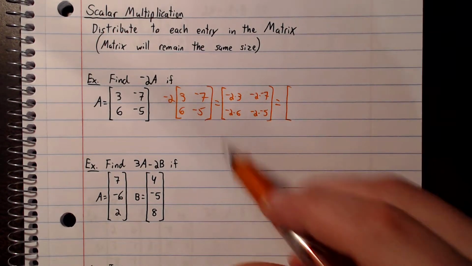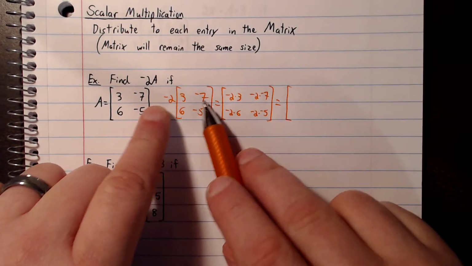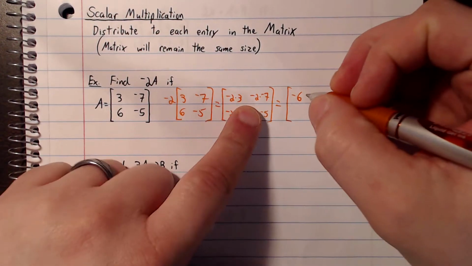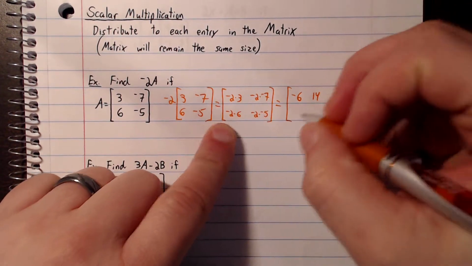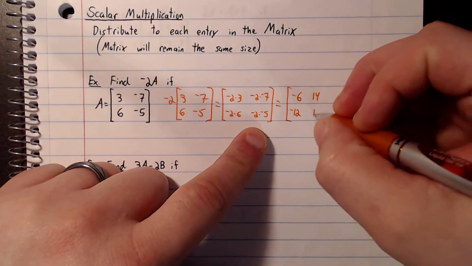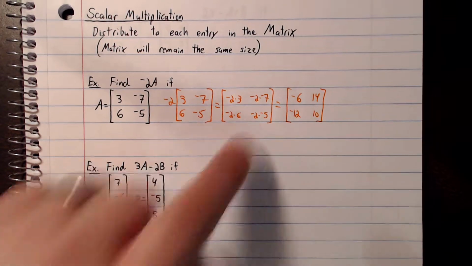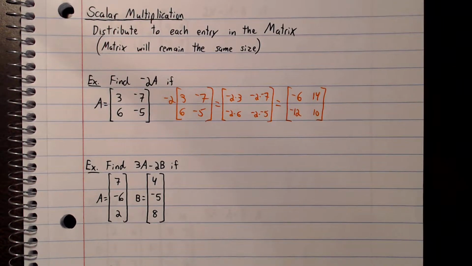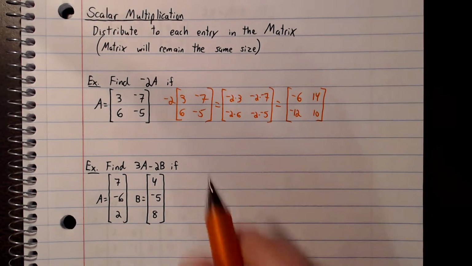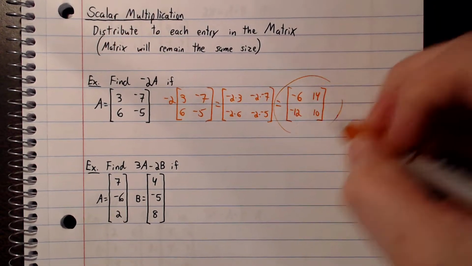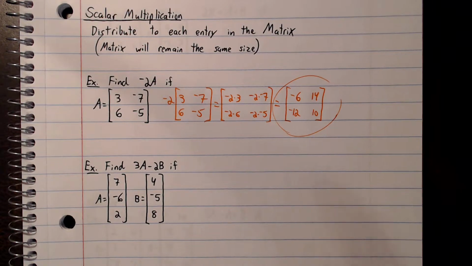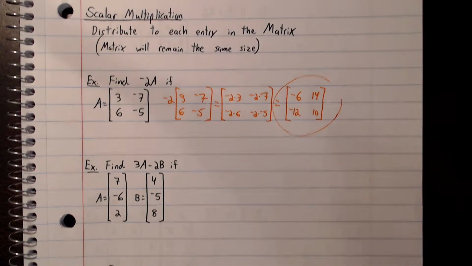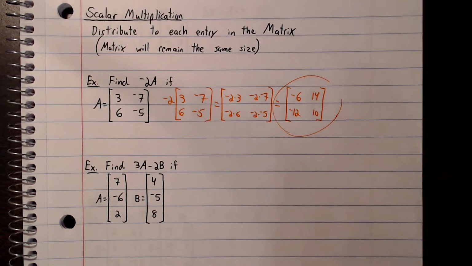So all I've done so far is distribute -2 to each of these terms. You can see that right here. And then we just perform the multiplication. As you can see, everything has been doubled, and the signs change because we're multiplying by a negative, and this is the matrix that we end up with. Notice that it's still 2 by 2, just like what we started with. So scalar multiplication, pretty simple.